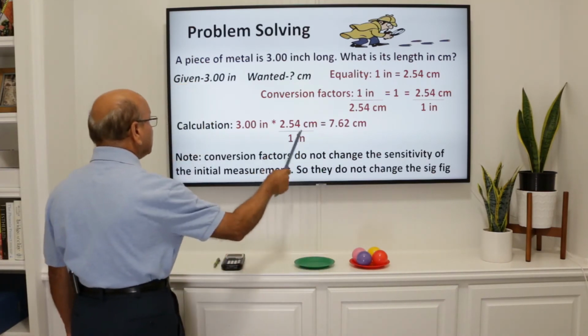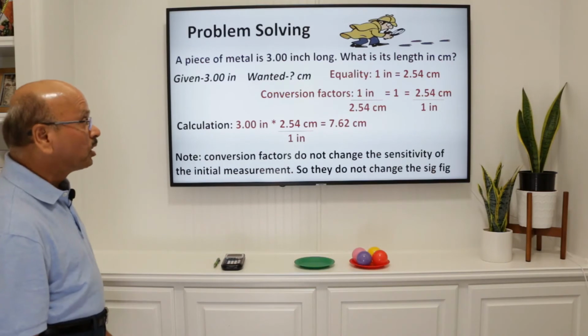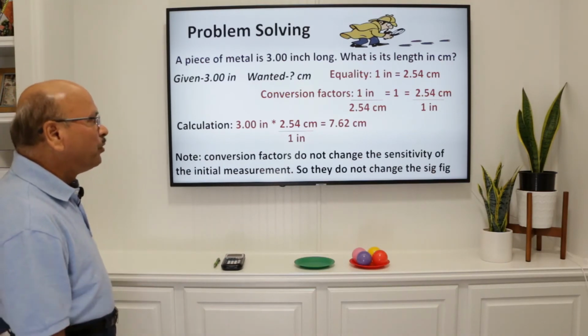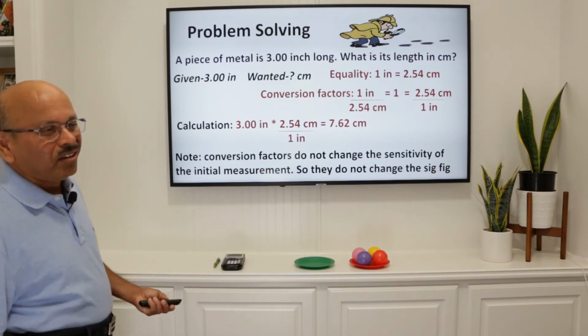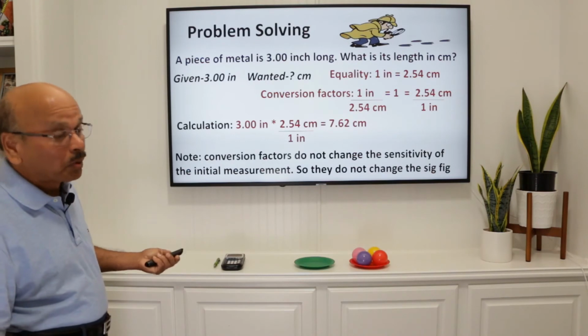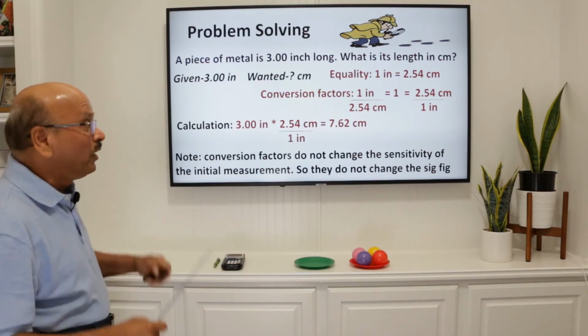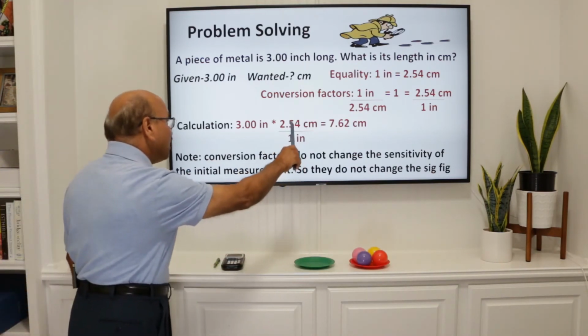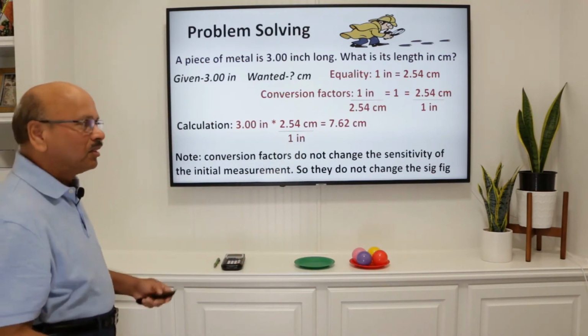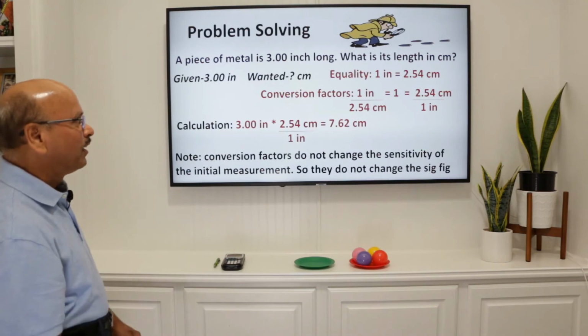Since a conversion factor is not changing the significant figures, it's just like a counted number. A counting number is an exact number. In one way, you can say that a counting number and a conversion factor are almost the same. We can call them exact numbers in a way.